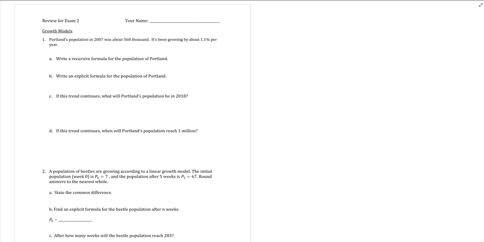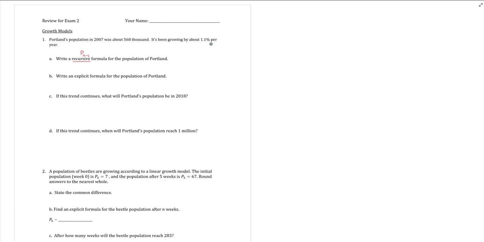So if you watched my prior video, I talked about if it says recursive, that you want to look for a p sub n minus 1 in your formula. So you'll go to the back page of your test and look for the recursive formula. Now, we also need to know if I'm going to be using a linear or an exponential equation.